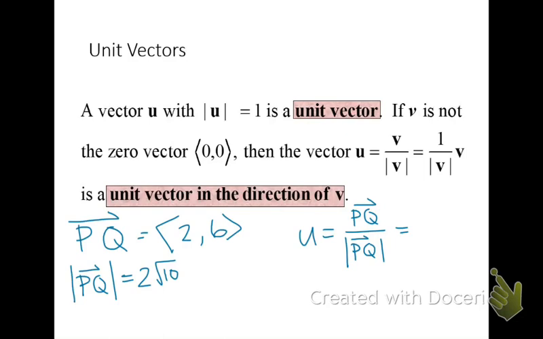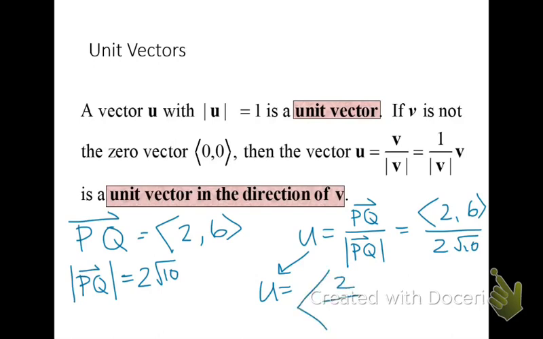But all that means is when I put the component in there, so my 2 and my 6 divided by 2 times the square root of 10. Remember, multiplication is the exact same thing as division. And so my unit vector u will be the same thing as using my components 2 over 2 times the square root of 10 and 6 over 2 times the square root of 10.